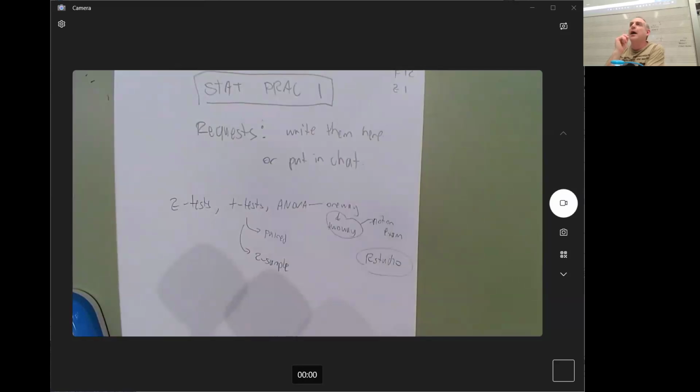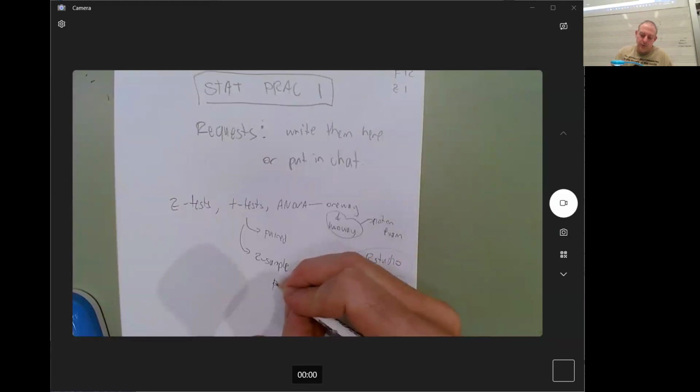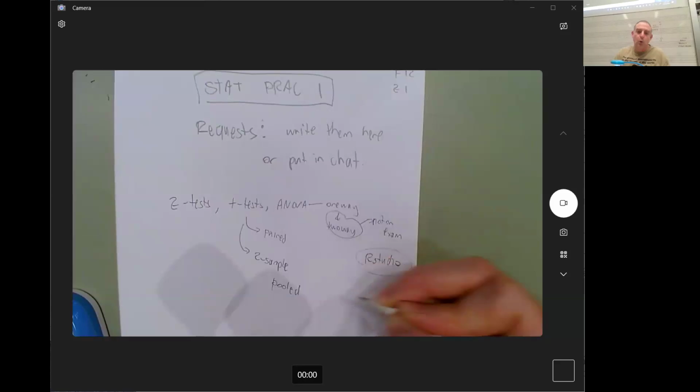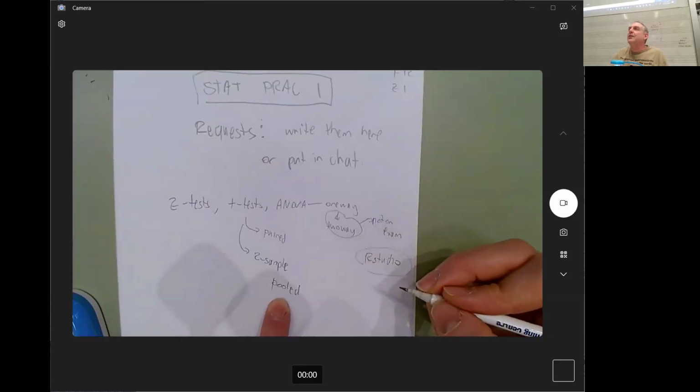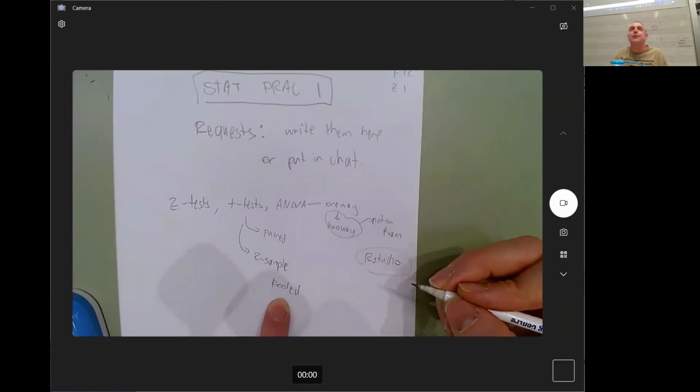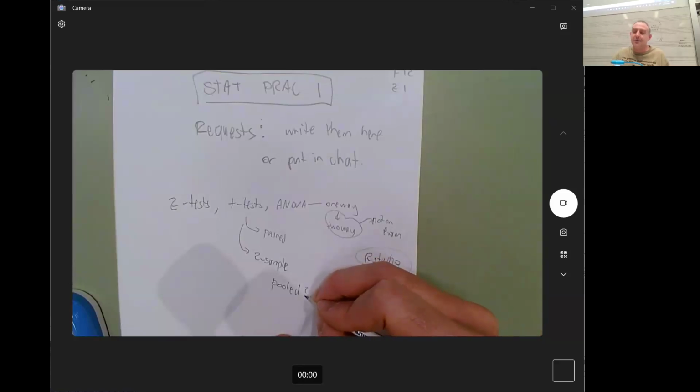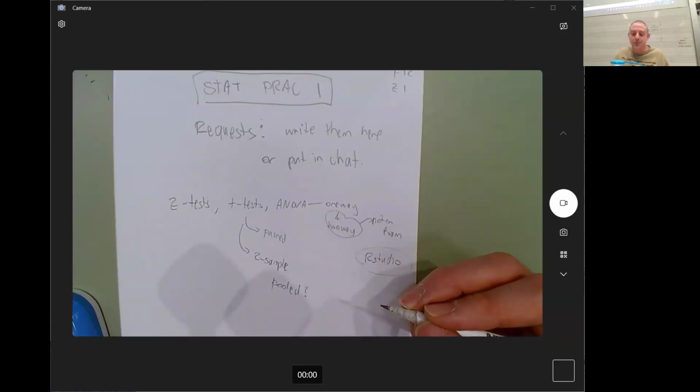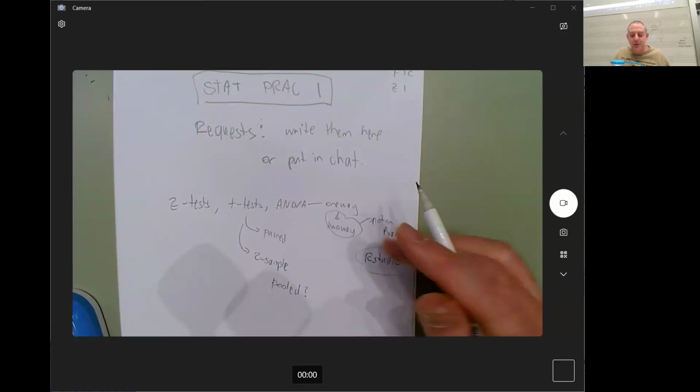I have a question as well. Have you seen this word pooled in reference to t-tests? You have? Okay. You haven't. Okay. So I may just want to look that up in a minute, to be sure. But some people have seen it. Okay, cool. Just checking. I will talk about it when we get there.